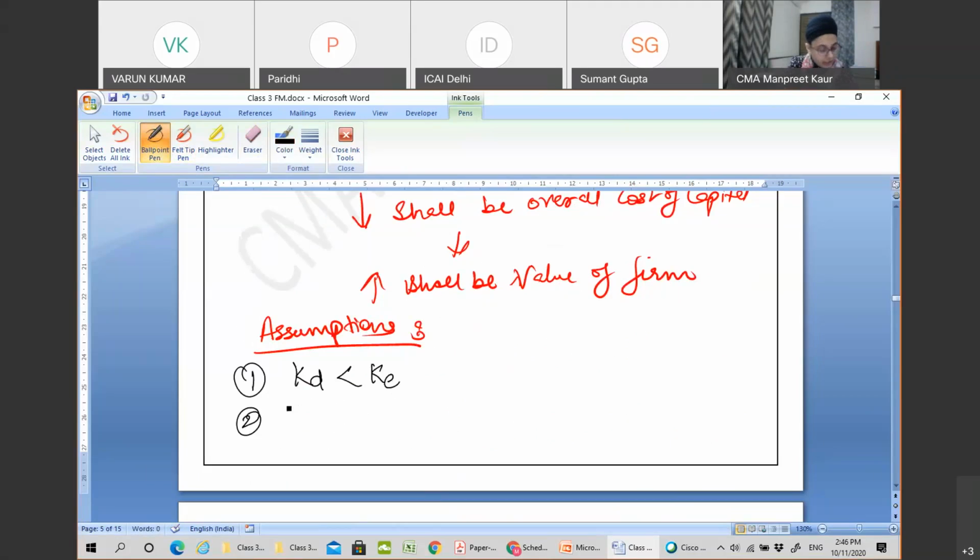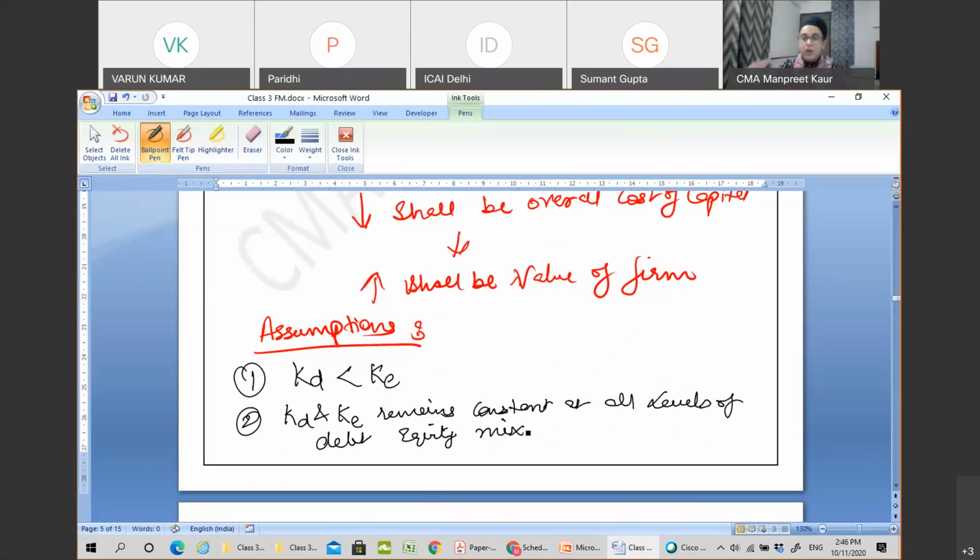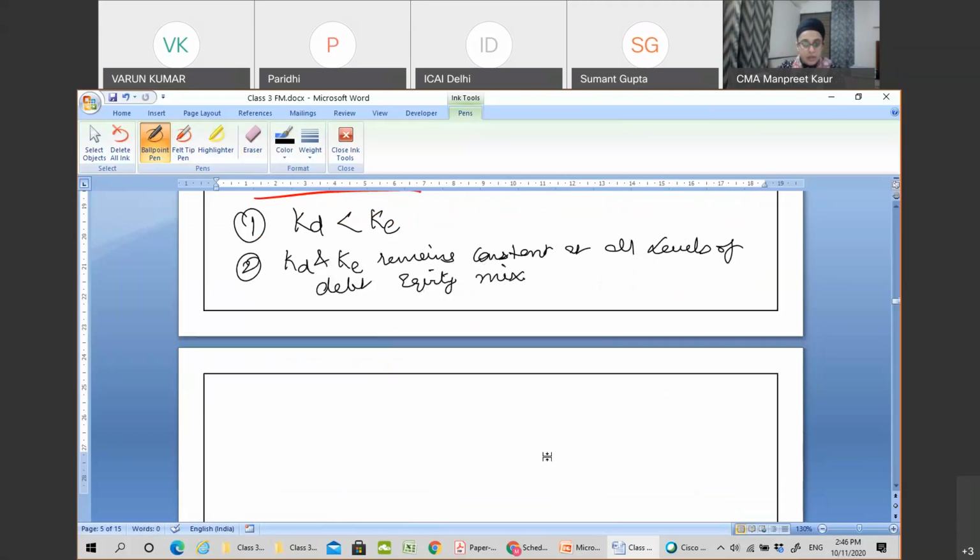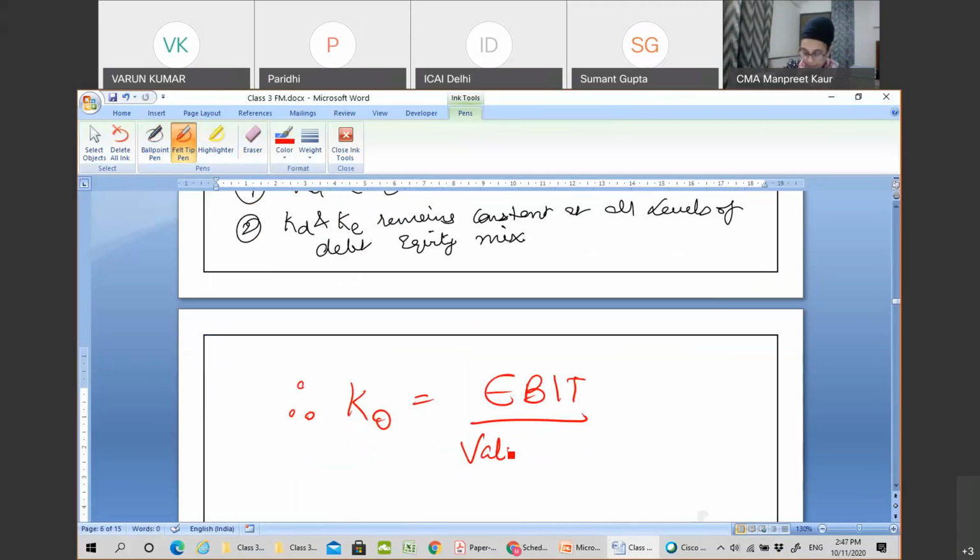And second, KD and KE remain constant at all the levels of debt equity mix. They are constant at all the levels. Therefore, the formula is KO is equal to EBIT upon value of the firm.